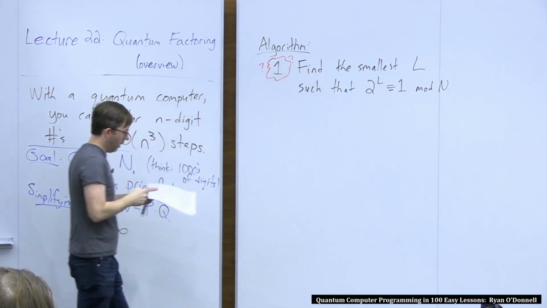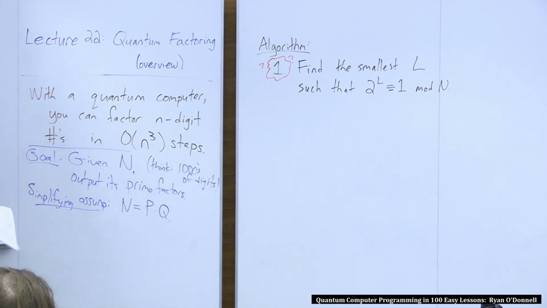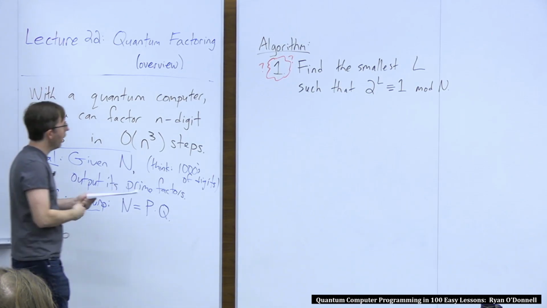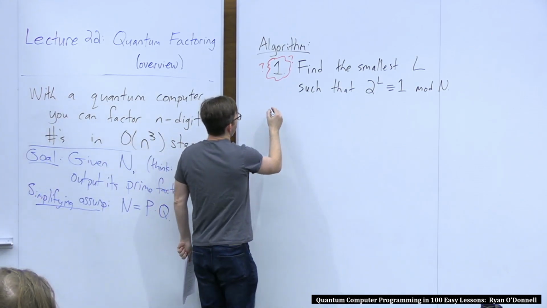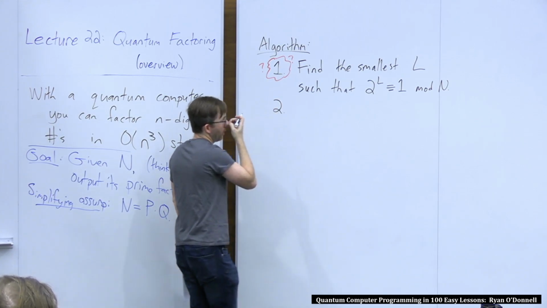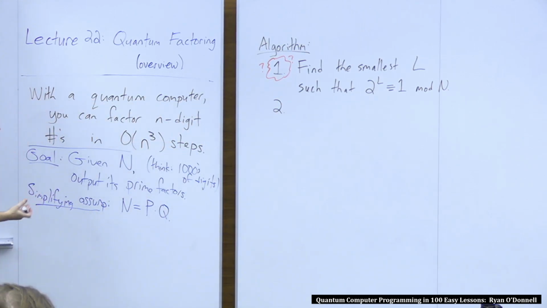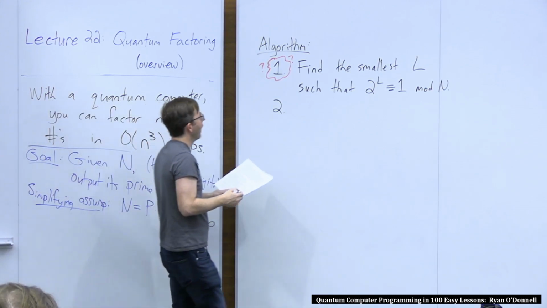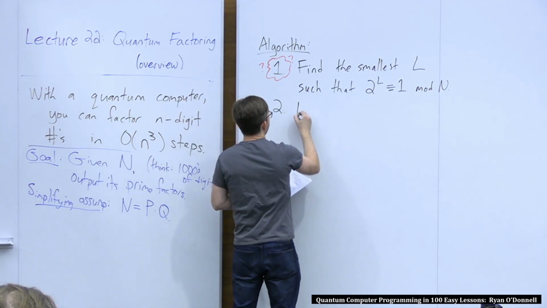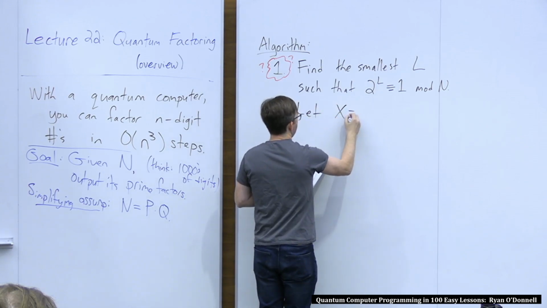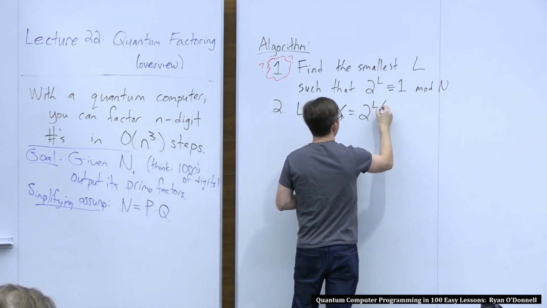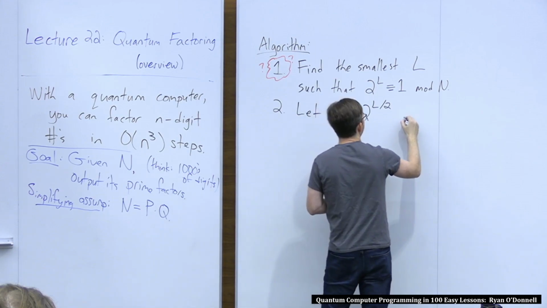I say find. Well, it's going to be not so easy to do this finding task, but we'll come to it. And then the last two steps are not hard. And in fact, you just do them on a classical computer once you find this L. This L itself will have like 1,000 digits. You let x be 2 to the power of L divided by 2 mod n.